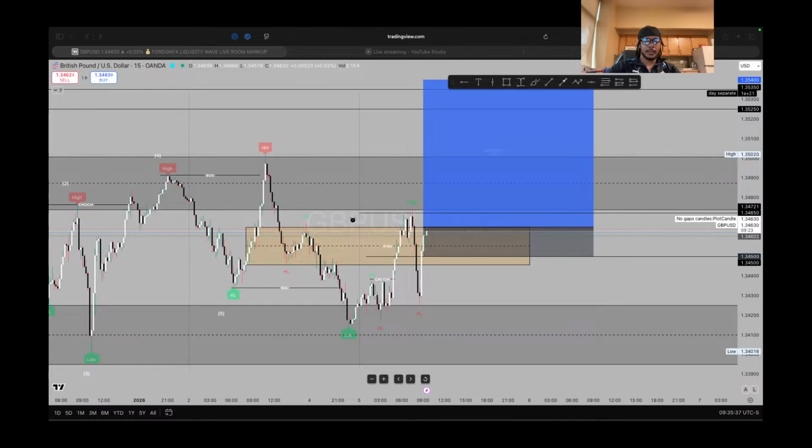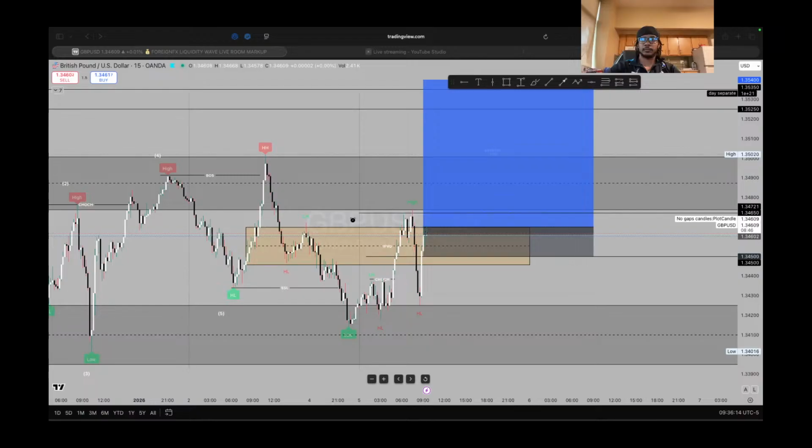We're in a little bit of drawdown. Where's my mouse? We're currently respecting a 50-minute bearish order block.